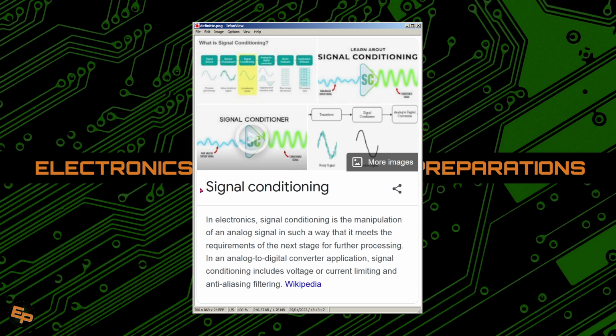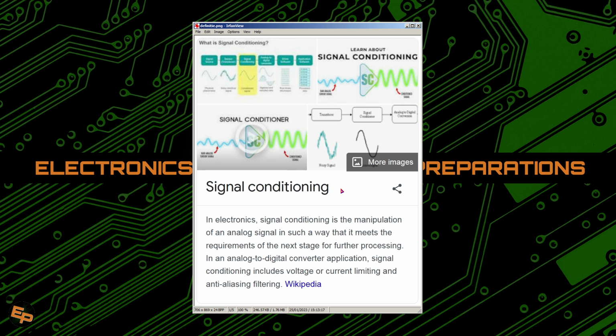So for those of you that, like me, are not native English speakers, you should know that this is a term that you have the chance of finding in many places, in many documents about electronic circuits and components, and so you need to know about it.